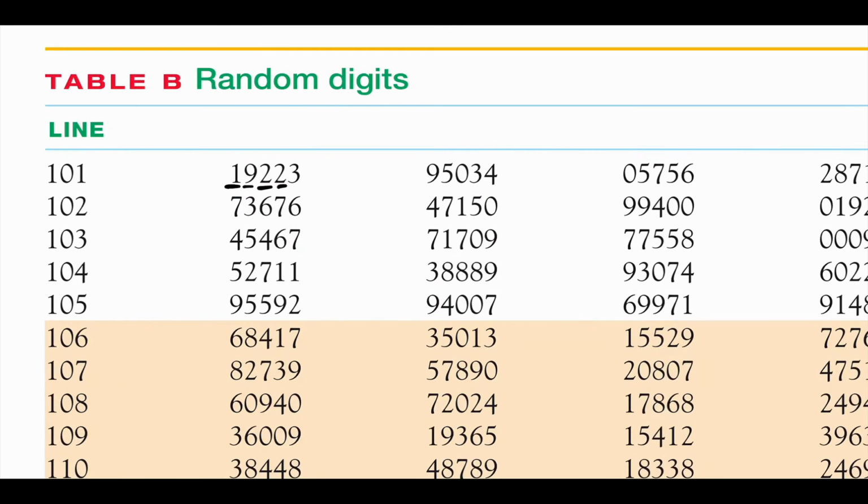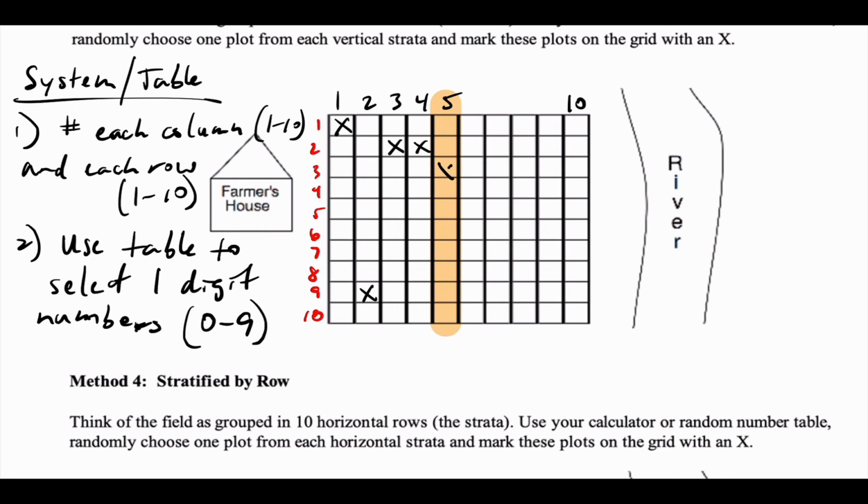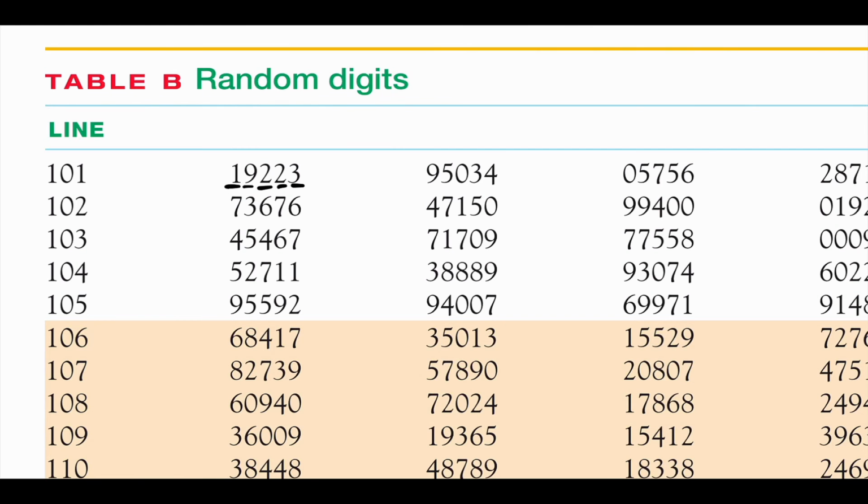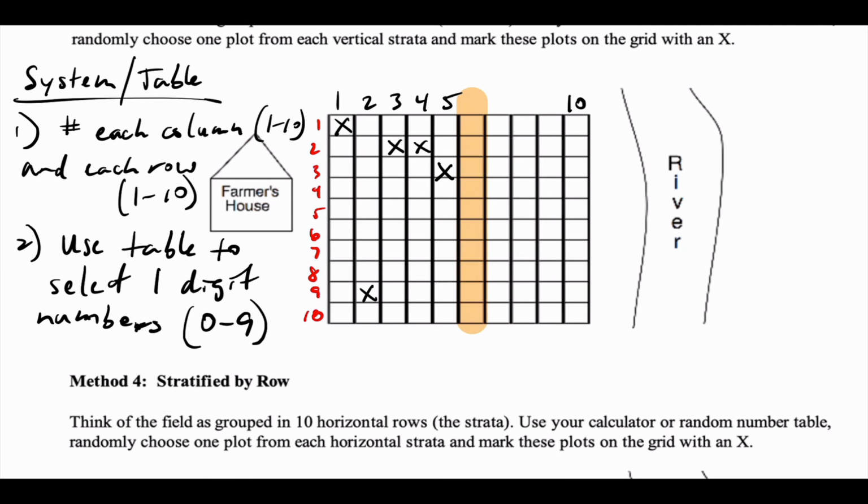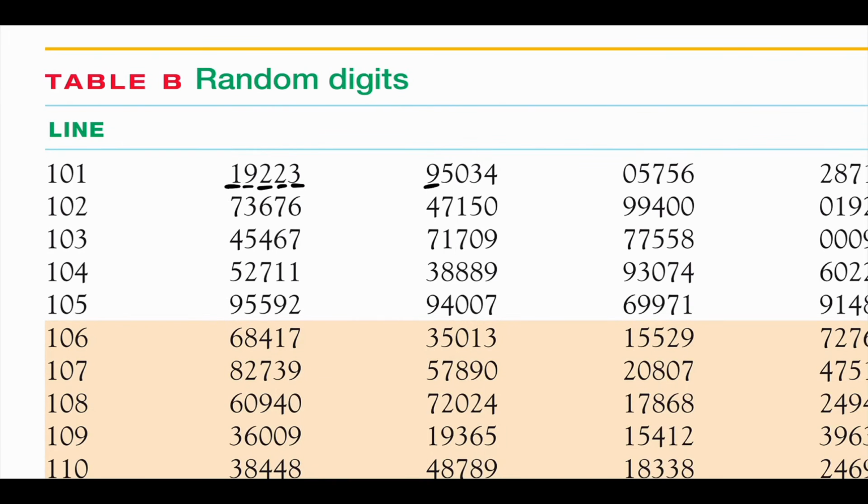So the fifth number is 3. The sixth number is 9. I got 9 earlier, but again, it doesn't matter because it's a different column. The next number is 5.